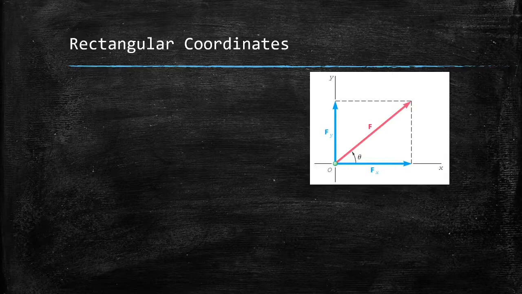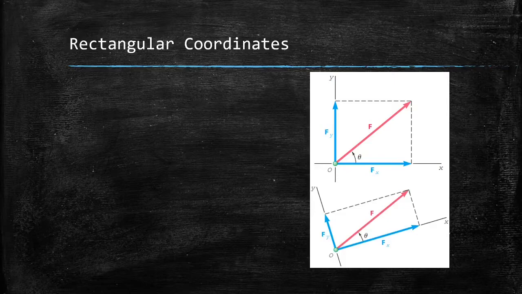Here you can see this force is represented in the x and the y direction as horizontal and vertical. The same force can be represented in a different way, that is, in the inclined x and y axes. Please note the axes x and y are perpendicular to each other.